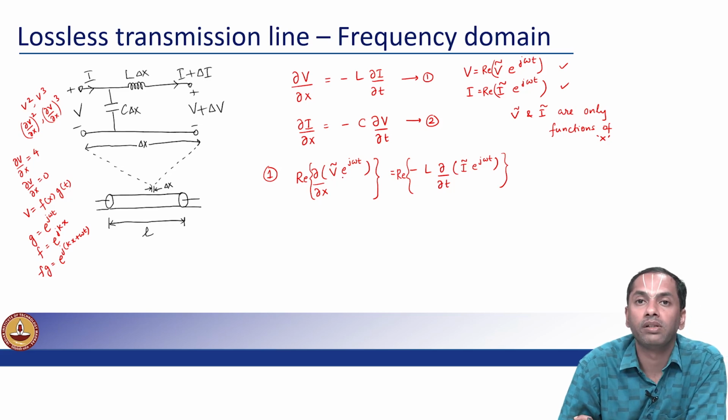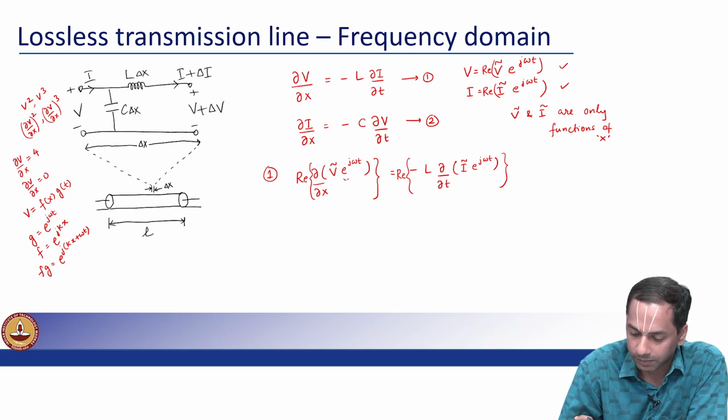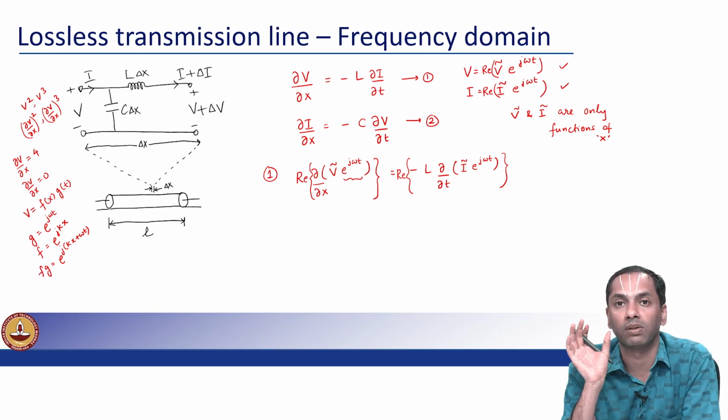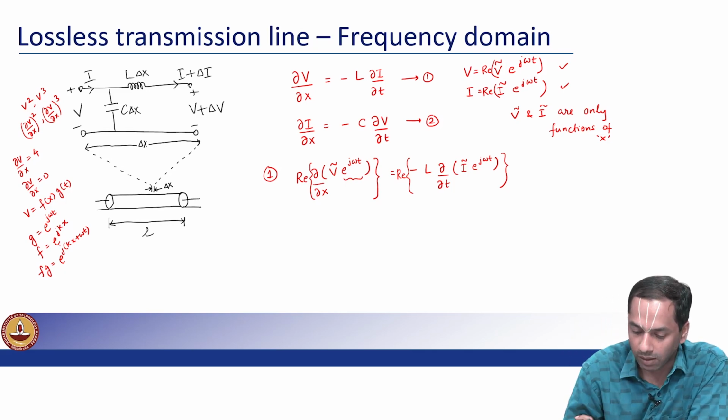So here e to the j omega t on the left hand side is not a function of x, right? It's only a pure function of time. So I can remove that outside the derivative.